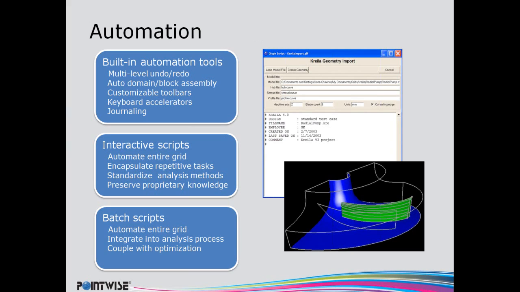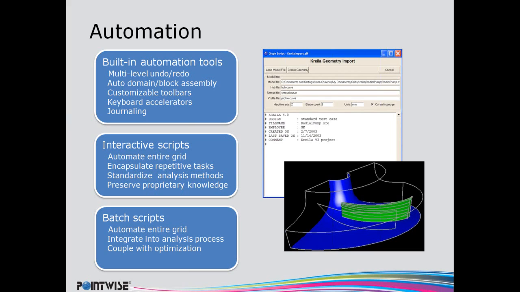For those who are familiar with GridGen, assembling domains and blocks can be a very tedious process that can be automated in Pointwise. There are customizable toolbars, so you can put your most commonly used functions right on the toolbar, accessible at one click. There are all sorts of keyboard accelerators, and then journaling, where you can record the output of the scripting language for what you're doing in the GUI, to help you learn about and build scripts.